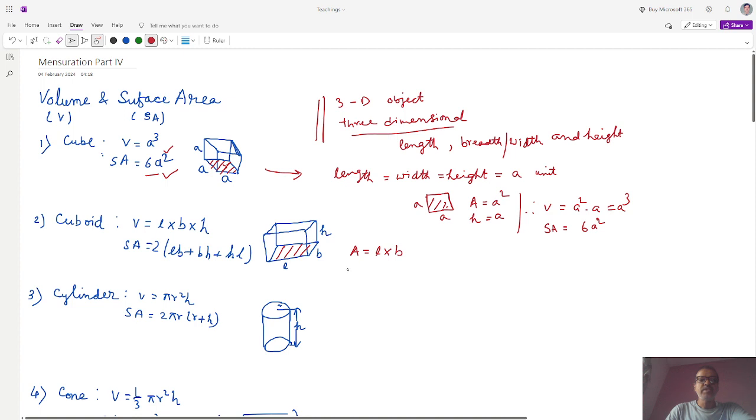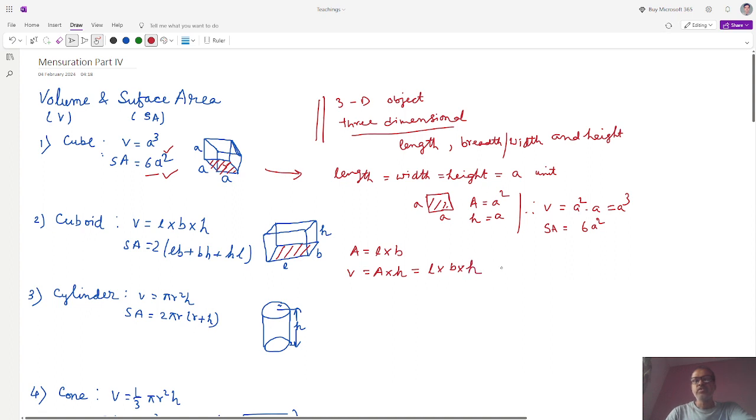Easily we can say that if we stack these areas one by one, we will get a height. So if we multiply this area with height, then we will get the volume. So the volume of the cuboid will be L into B into H.